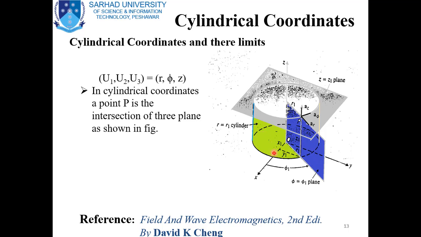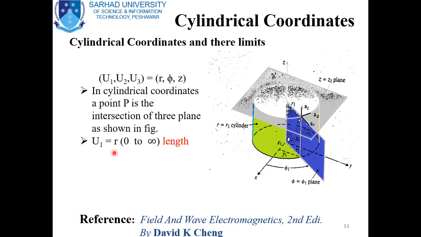And we keep the cylinder on a three-dimensional rectangular coordinate system such that the base of the cylinder lies on the xy plane, and the z-axis is the common axis between the cylindrical coordinate system and the rectangular coordinate system.